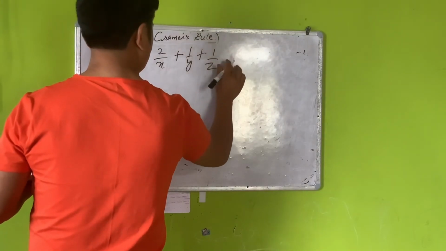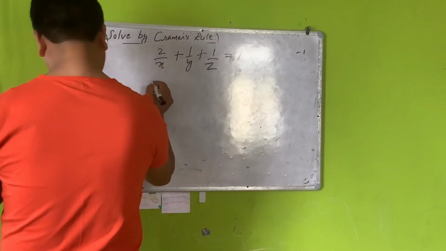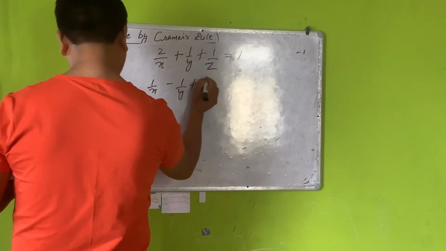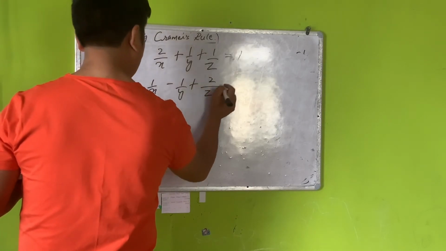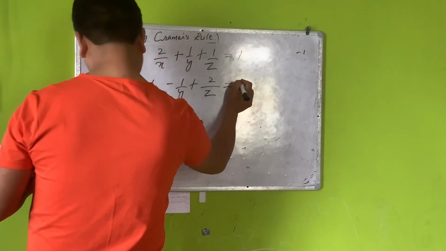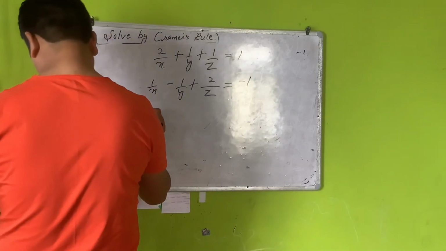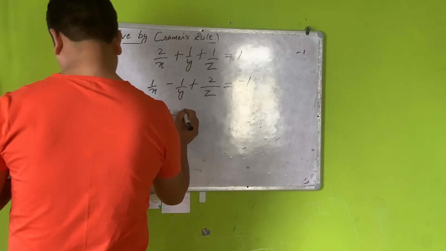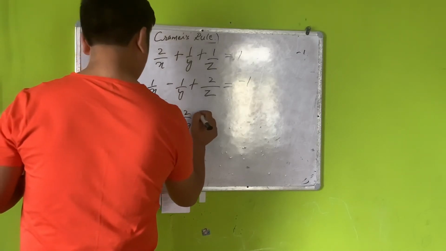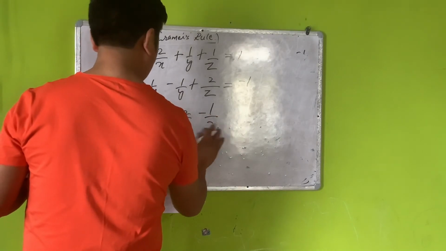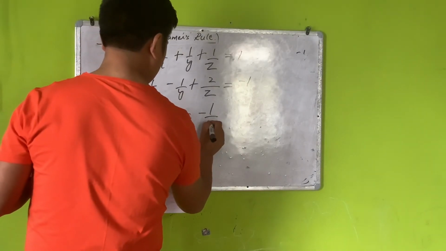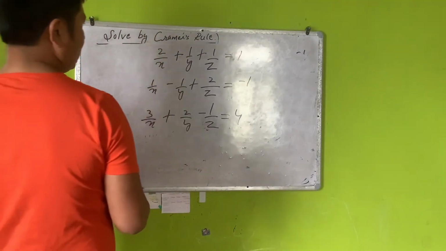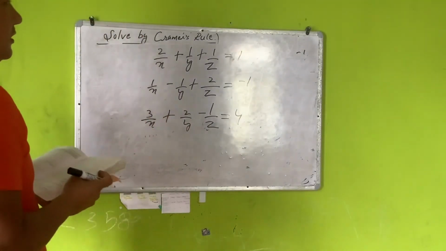Then 1 by x minus 1 by y plus 2 by z is equal to minus 1. Then the third one is 3 by x plus 2 by y minus 1 by z is equal to 4. So this is the question.